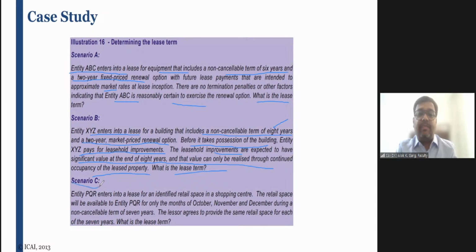Scenario C. Entity PQR enters into a lease for an identified retail space in a shopping center. The retail space will be available to entity PQR only for the month of October, November, and December during a non-cancelable period term of 7 years. Friends, if you have visited any mall, and I'm sure that you guys have visited mall, right?